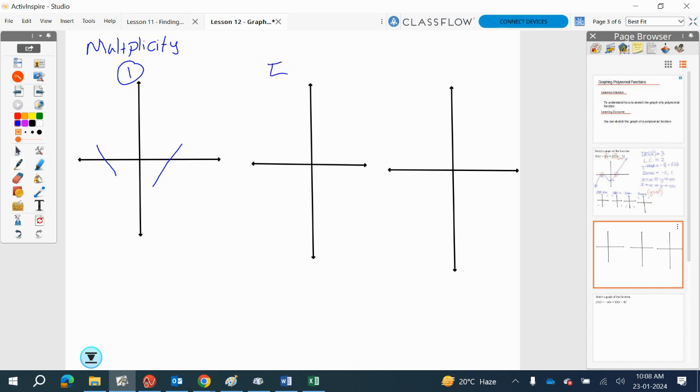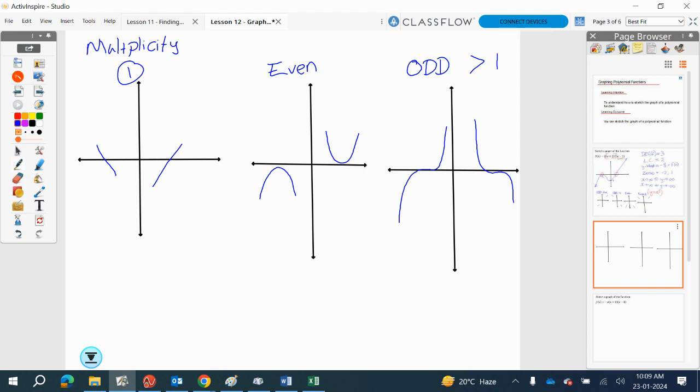If it is even, it's going to do one of these. If it's even, it's going to do one of these two. If it's odd and greater than 1, it'll do one of these. So those are the basic shapes you can get.